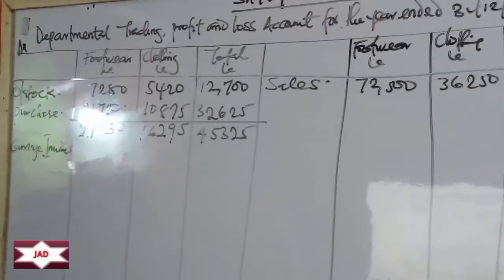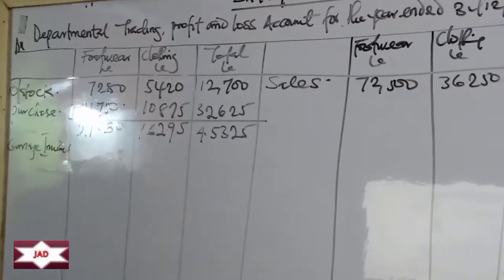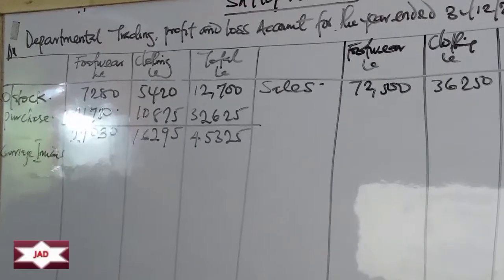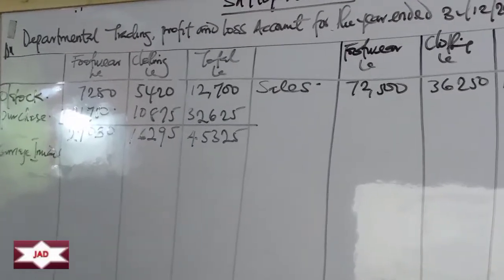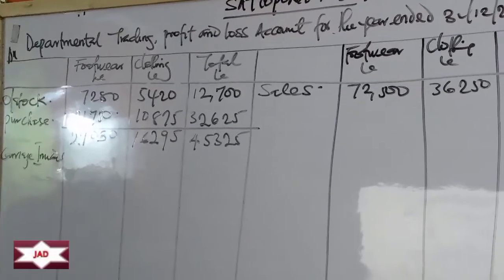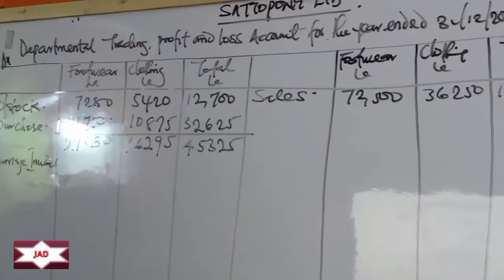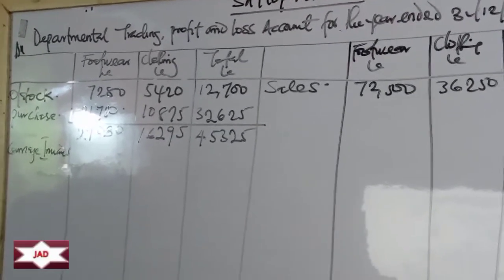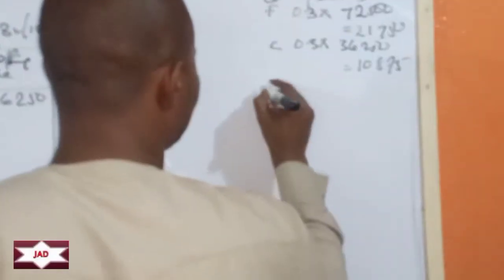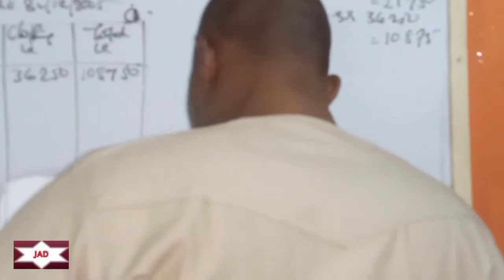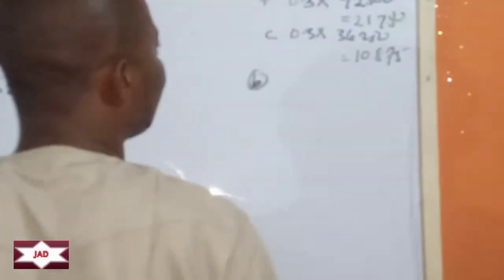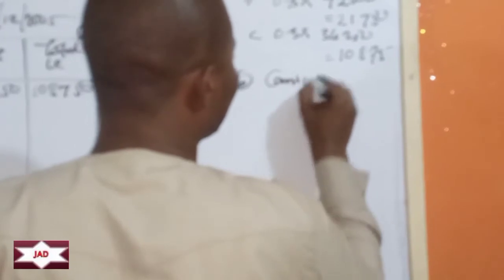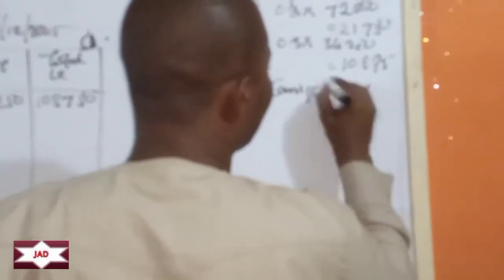Now they said B, carriage inward, advertisement, lighting and cooling expenses are to be apportioned between the footwear and clothing departments in the ratio 3:1 respectively. So that's B, carriage inwards. For footwear, that would be 3.